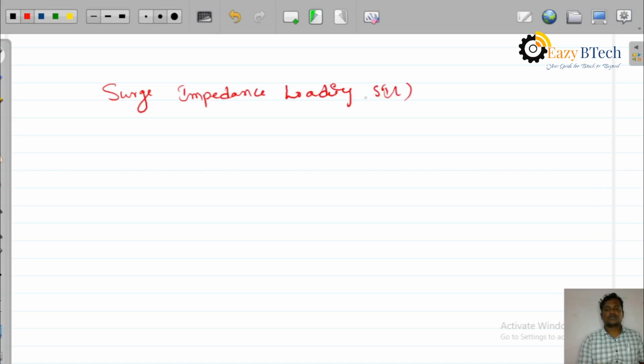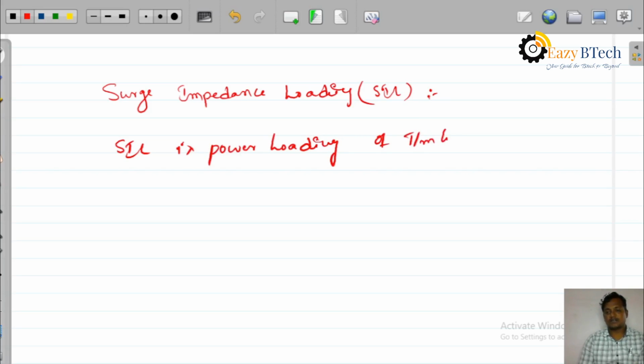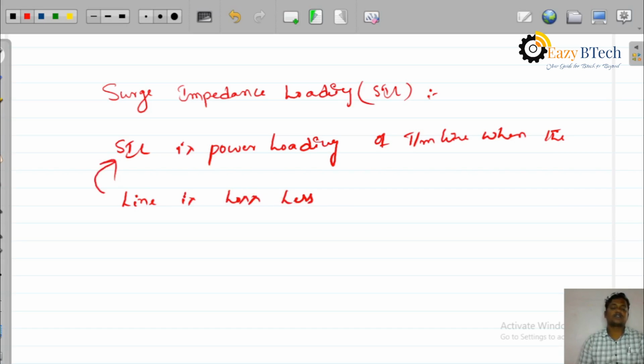Surge impedance loading is the power loading of a transmission line when the line is lossless. The loading of a lossless transmission line is called surge impedance load.